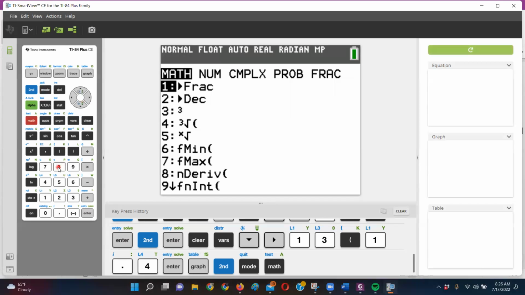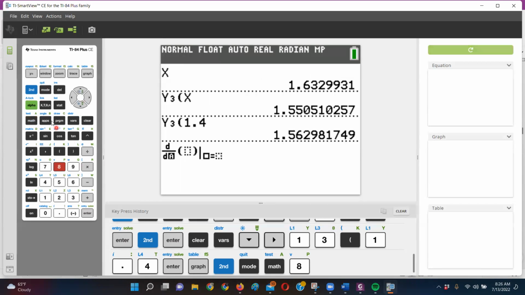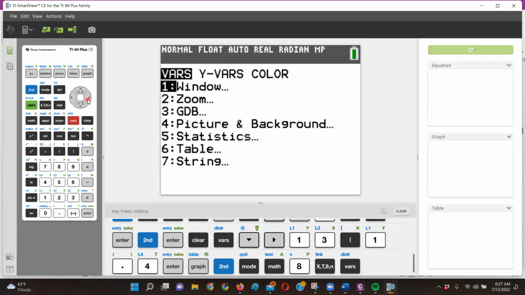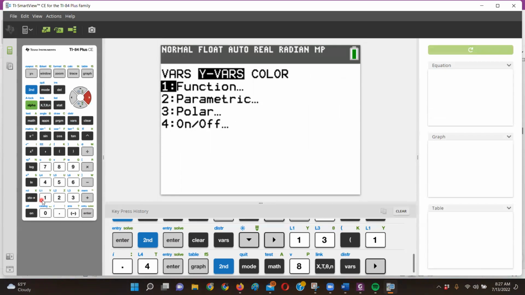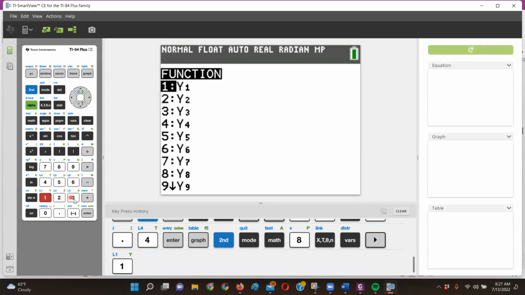What I'm going to do is Math 8, the derivative of the first derivative at x, and then Y-vars, function. Let's see, what was it? The derivative was in 4, so I'm going to type a 4, I hope.